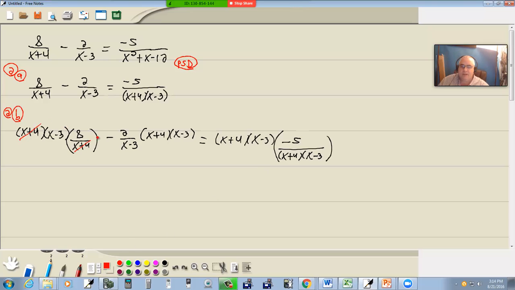Well, this x plus 4 cancels this x plus 4. This x minus 3 cancels that x minus 3. This x plus 4 cancels that x plus 4, and this x minus 3 cancels with this x minus 3.